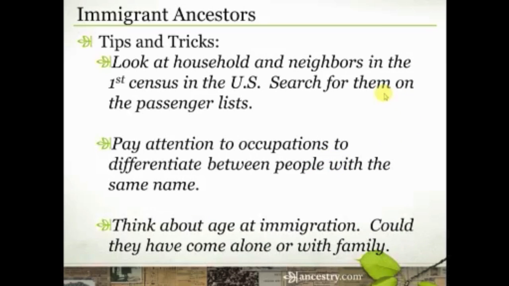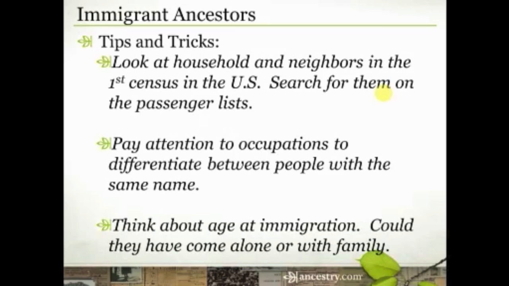The other thing that I'm going to encourage you to do is to think about the age at immigration. Sometimes we don't do the math. For example, if your ancestor was born in 1858 and they immigrated to the United States in 1863, they would have only been 5 years old. That's significant because it means that they likely came with family.